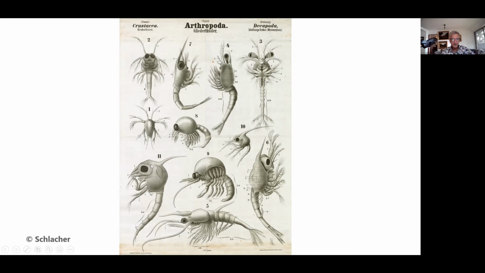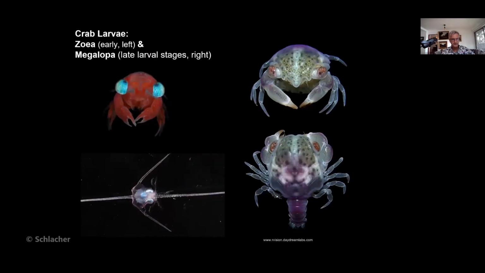And some of them look nothing like a crab. It is fascinating why an organism would spend that extraordinary amount of larval development complexity. We don't really know, but it is very, very fascinating.